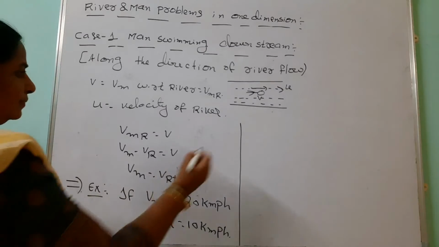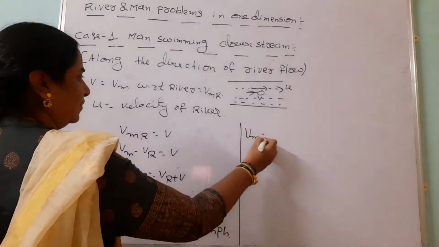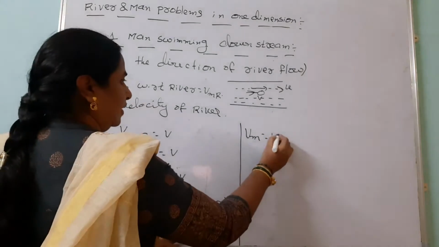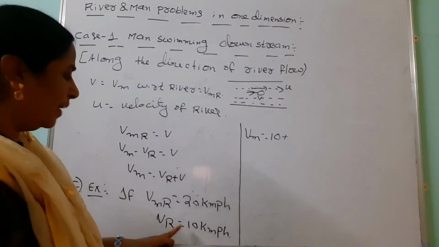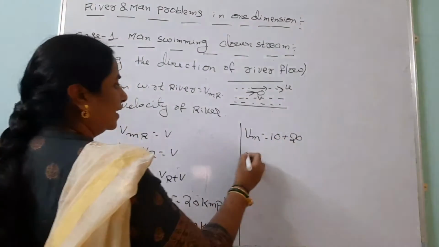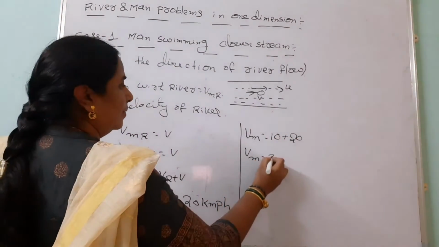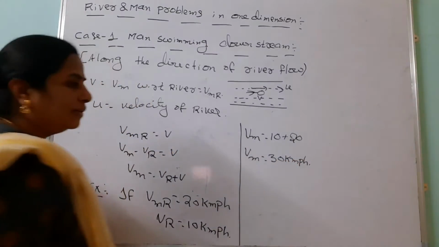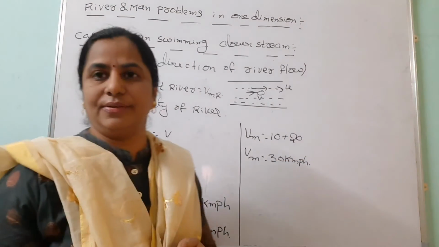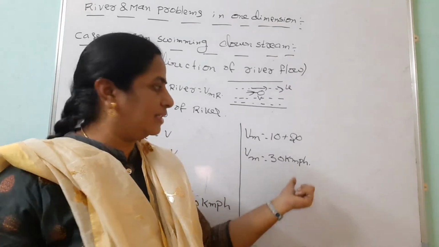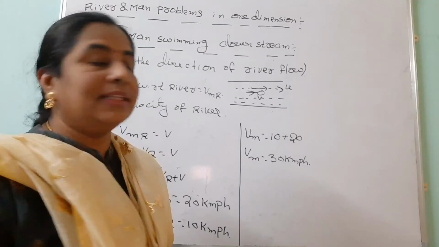Vm equals the velocity of river, 10, plus V, the velocity of man with respect to the river, 20. So downstream means immediately we can take Vm equals 30 kmph. Here you should consider theta equals 0 degrees only. Anyway, it is one dimensional motion. Downstream means we can take this expression.